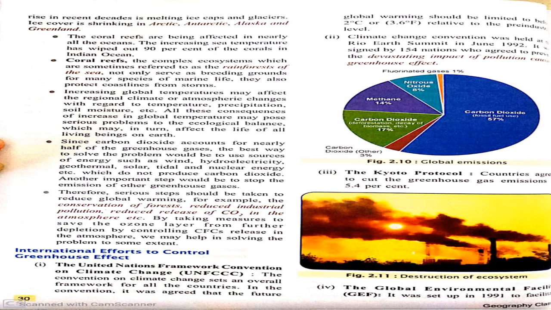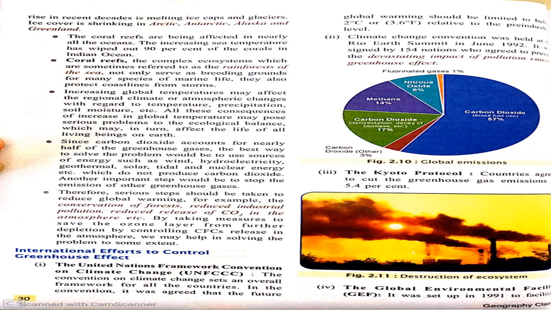Now here you can see the global emissions, the percentage of various gases. 57% is carbon dioxide from fossil fuel use, then 17% is carbon dioxide from deforestation and decaying of biomass, etc. Then 14% methane and 8% nitrous oxide.